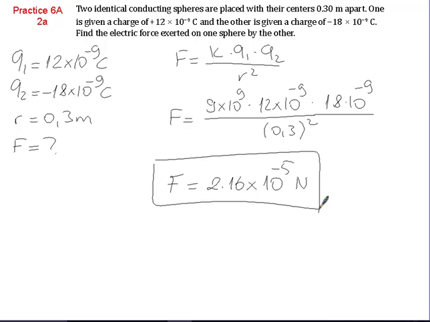Let's see part B of the second question. They say the spheres are connected by a conducting wire and, after equilibrium, what is the electrostatic force? Of course, these have different charges, so charge will move from one to another. When they touch each other, Q net will be the addition of the charges Q1 and Q2.